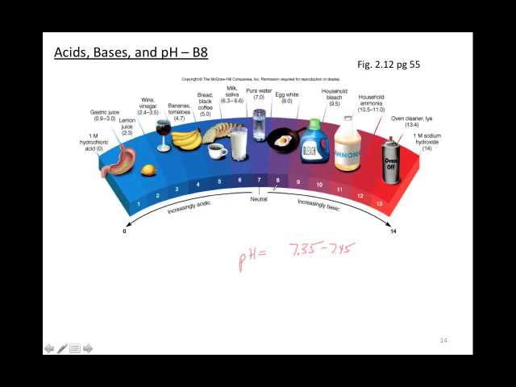If you said slightly basic, you're correct. So if this is 7.3, we're looking at right in here. But there's a very small window. In order for enzymes to function properly, for chemical reactions to occur in the correct way, and to maintain proper body homeostasis, this is really the only range. There is really not a big window in pH.